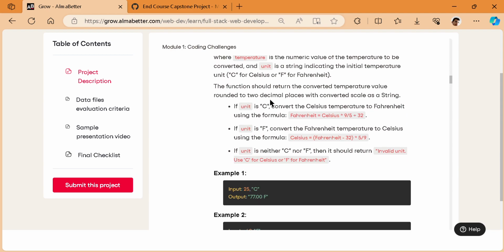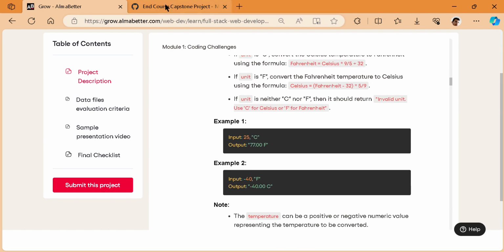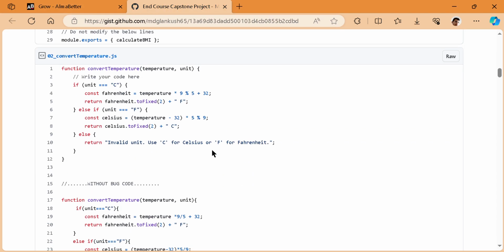If unit is C, then it is Celsius, and we convert it to Fahrenheit using this formula. If it is in Fahrenheit, we convert it to Celsius using this formula. If unit is neither C nor F, then we return invalid unit. Let's come to the code.